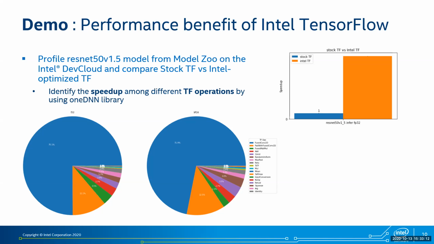Inside DevCloud, we provide supported hardware like the Intel second generation Xeon server, and you will also have Gen9. We also installed the software inside DevCloud, so you can easily try our software stack on top of Intel hardware. You don't need to set it up by yourself.